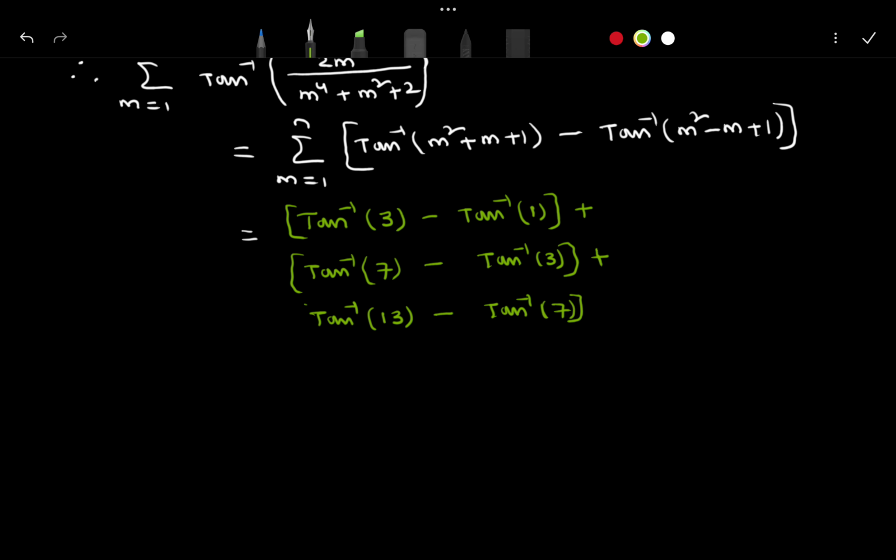Like n equals 4 and 5 and so on. If you substitute like this, what will be the last term?